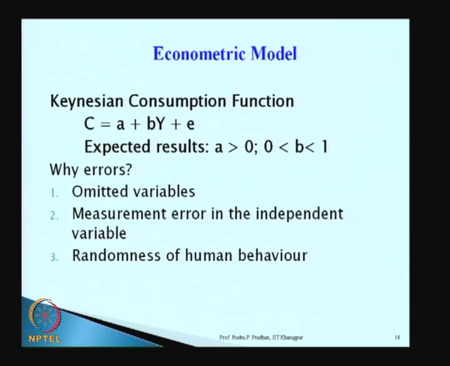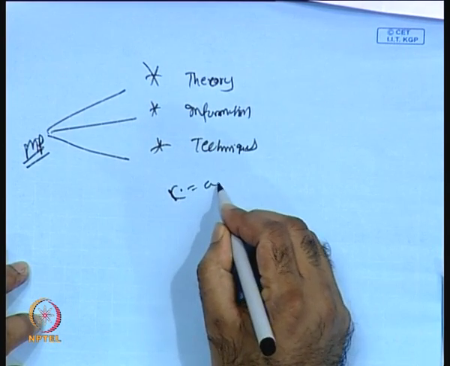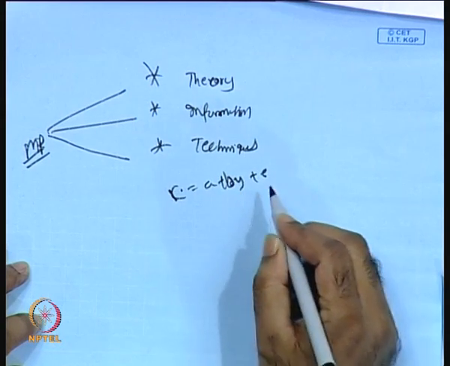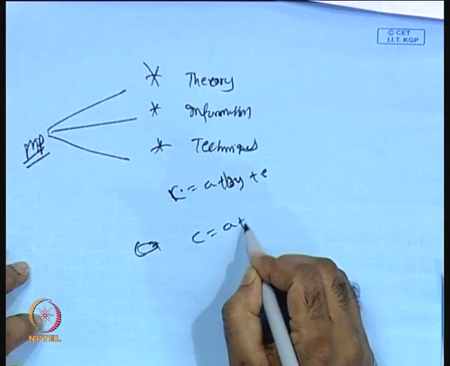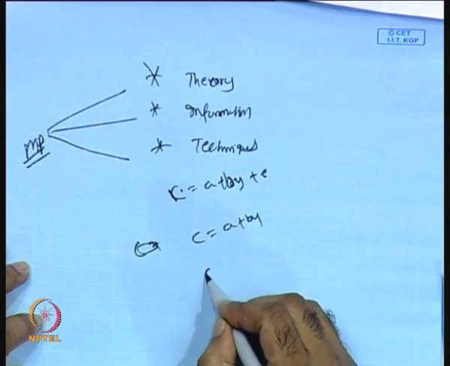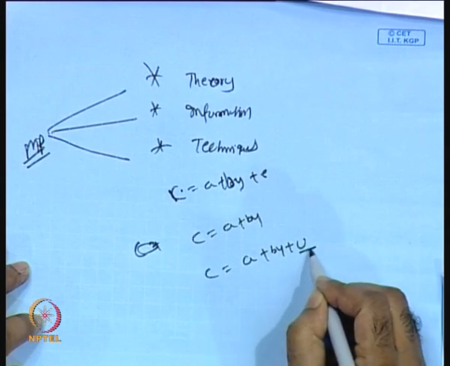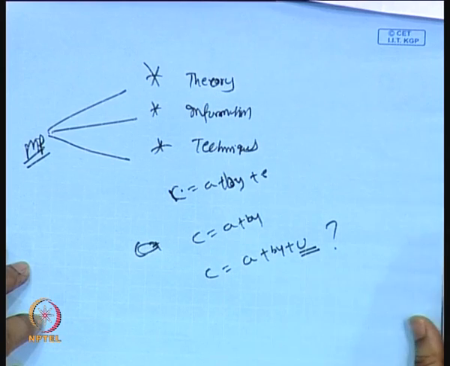First, we put C equal to A plus B y, and ultimately we transform it to C equals A plus B y plus u. Now obviously the question is why u, why the error term is always there.